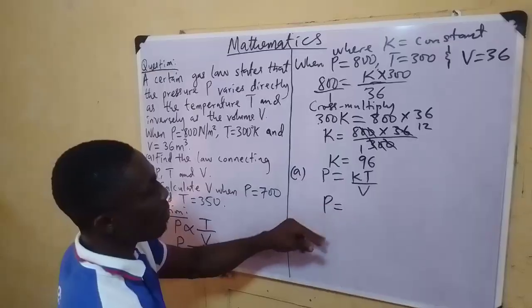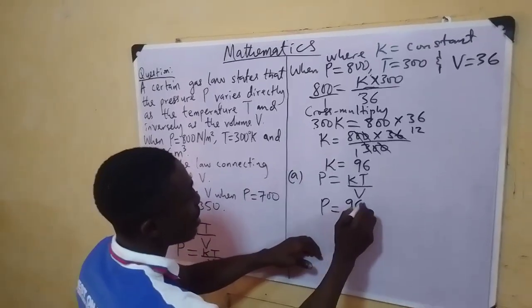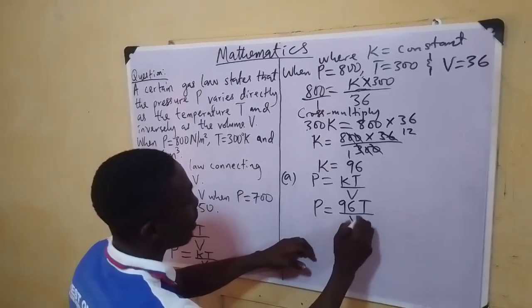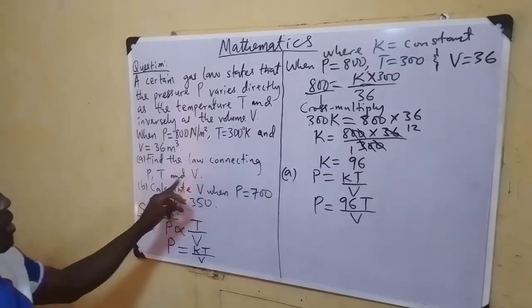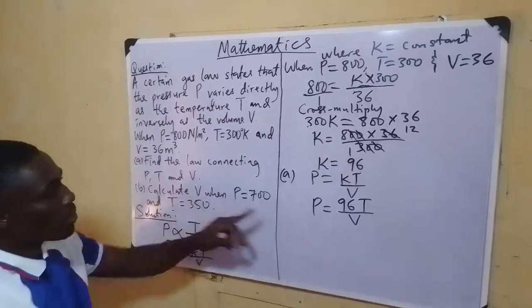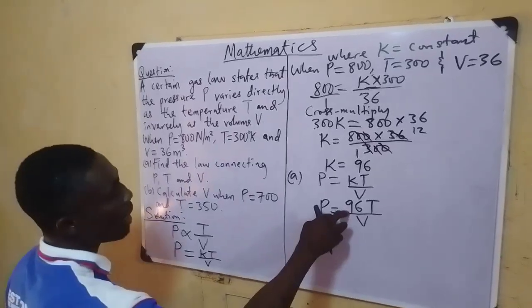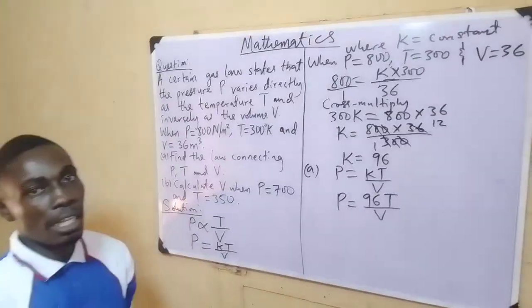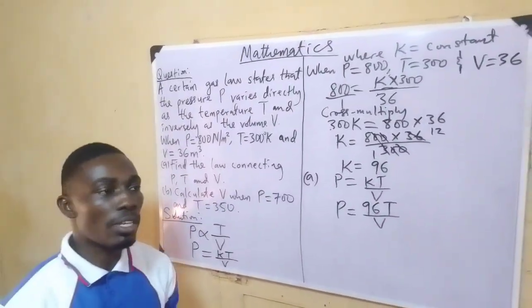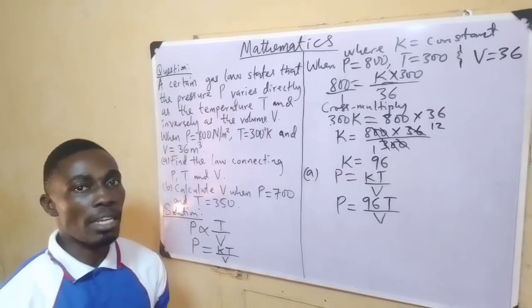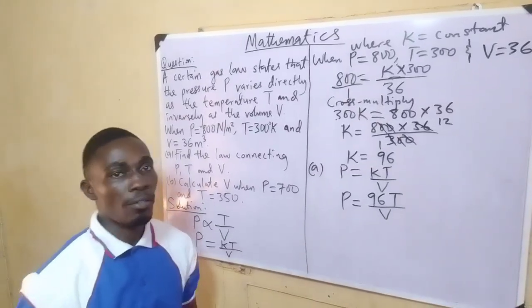You now have P is equal to 96T over V. And that is exactly the law connecting P, T, V. As you can see here, we have P, T, and V all there, with K being replaced, because K is a constant which was never given in the question, and we have to find it, and we have finally found it.